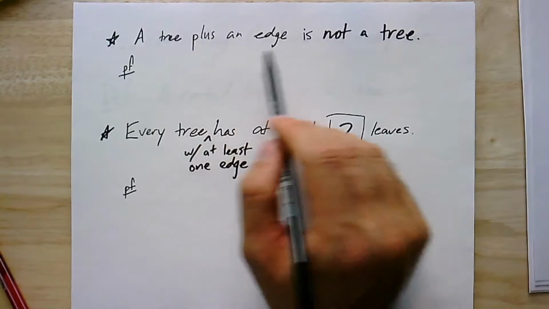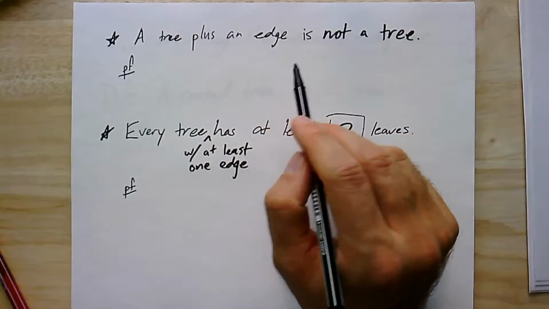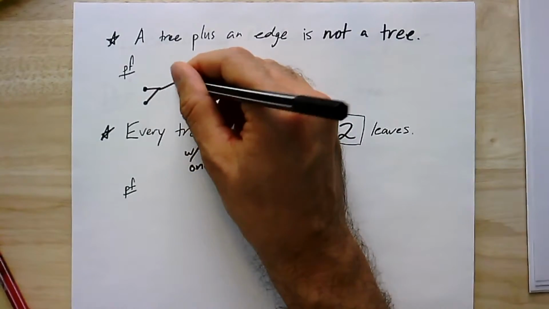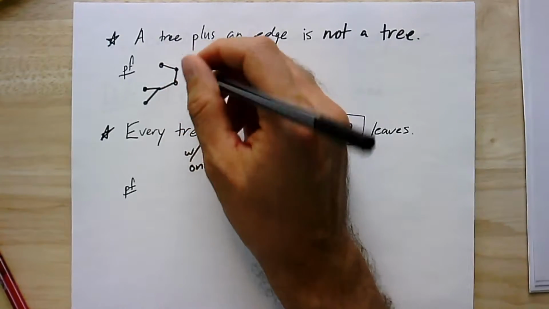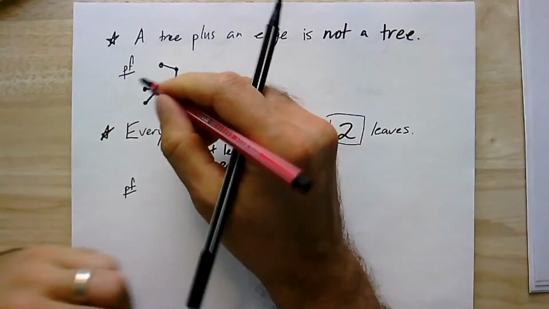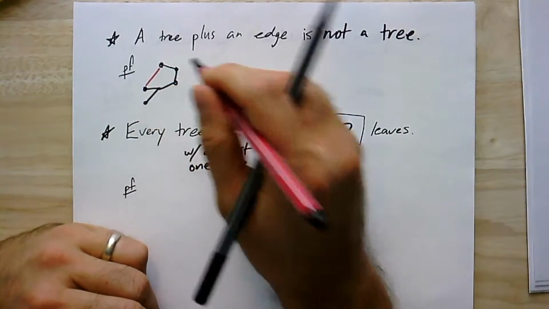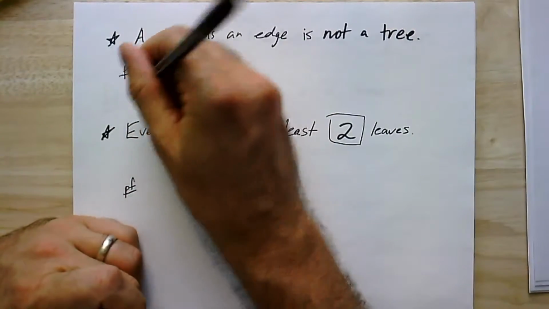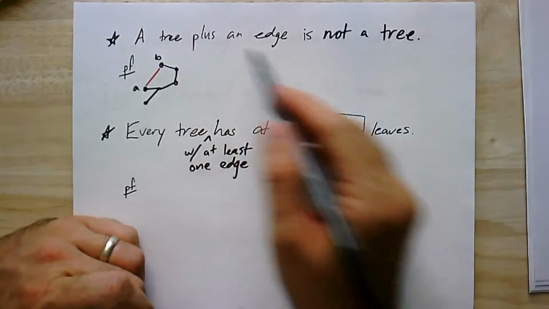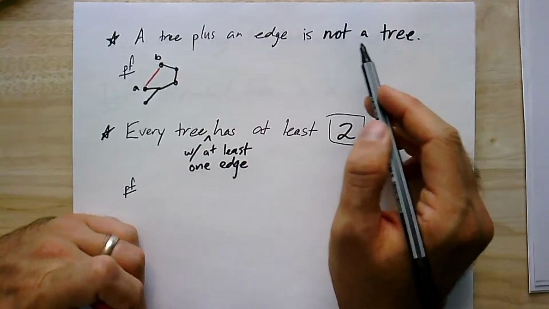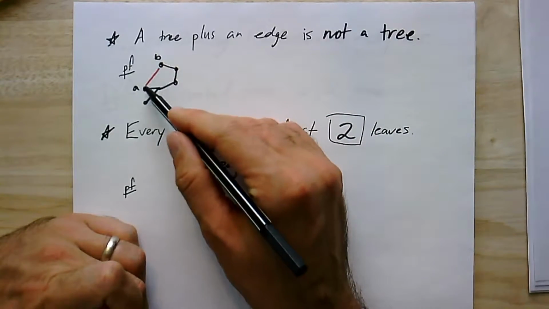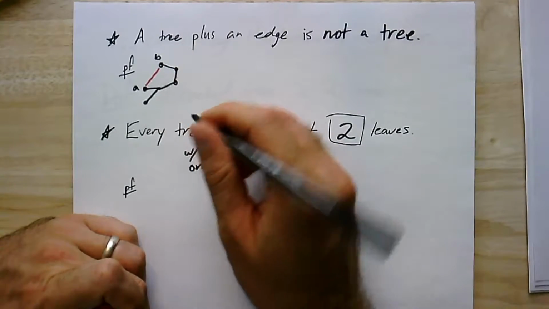First, a tree plus an edge is not a tree. So remember, in pictures here, if I have some kind of tree, and I add an edge, and this is a picture we're going to see again, let's say that edge was AB. If that edge was not already in the tree, then we had a unique AB path. We add in the edge AB, and we have a cycle.